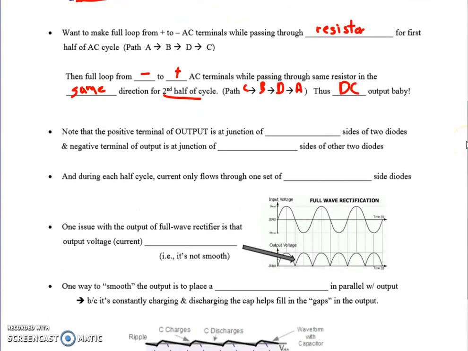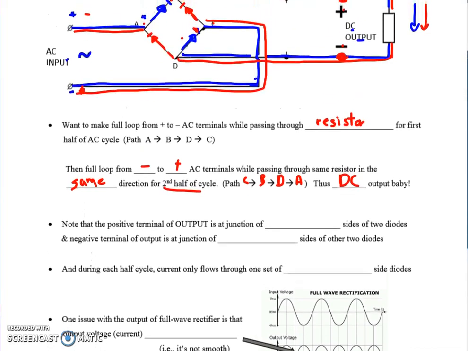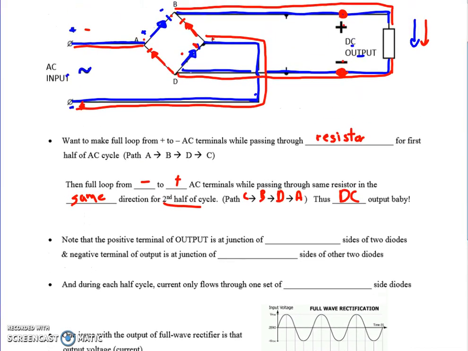Note that the positive terminal of the output is at the junction of the negative sides of two diodes. And the negative terminal of the output is the junction of the positive sides of the other two diodes.